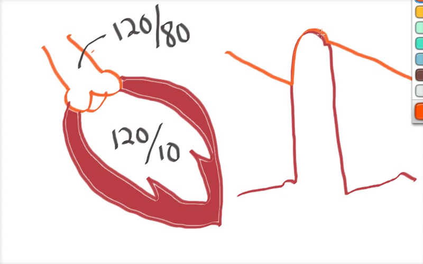And you can see that in the normal patient, the aortic pressure is exactly the same as the systolic left ventricular pressure. There's no pressure gradient across the valve.